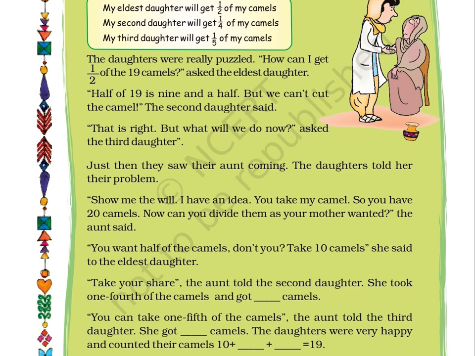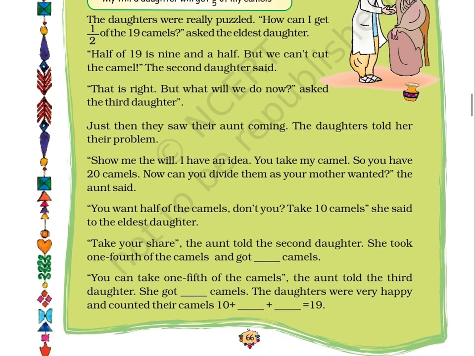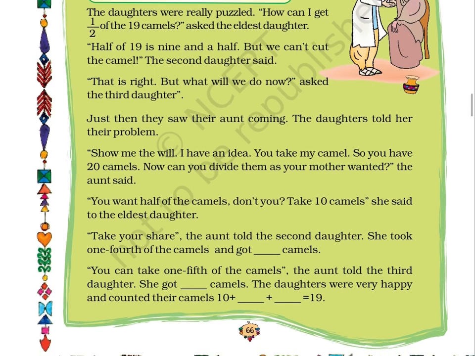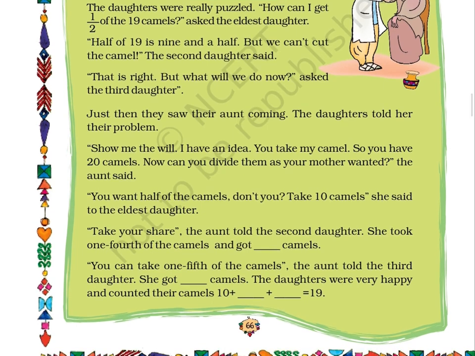Take 10 camels," she said to the eldest daughter. "Take your share," the aunt told the second daughter. She took 1/4 of the camels and got camels. "You can take 1/5 of the camels," the aunt told the third daughter. She got camels.